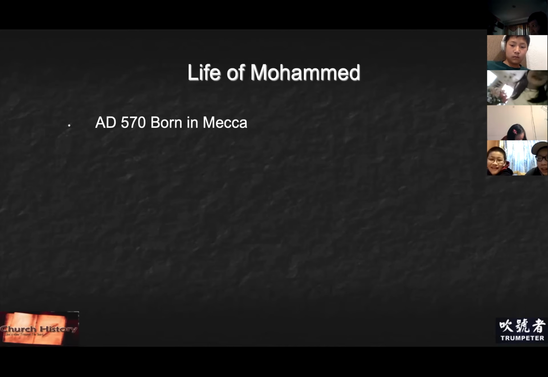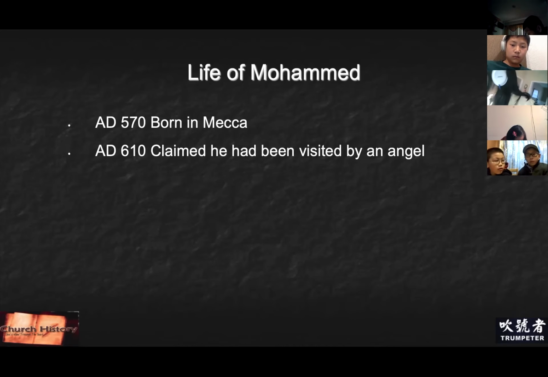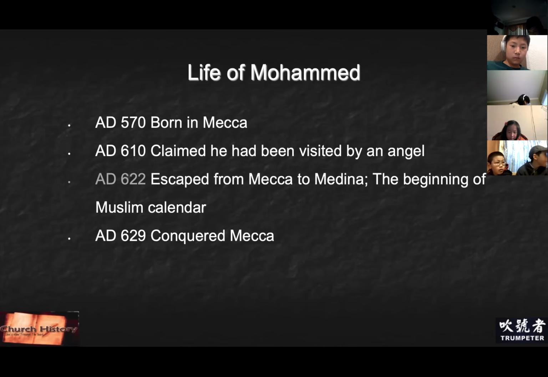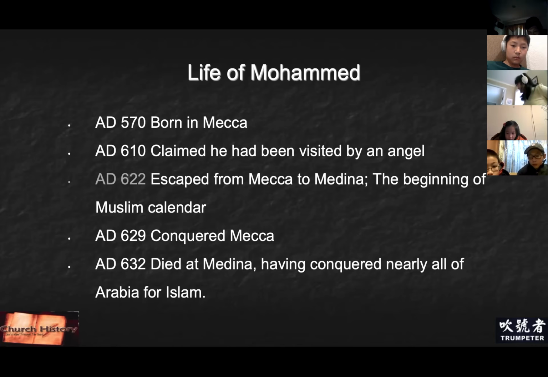So I'll give a quick overview. He was born in Mecca in Saudi Arabia, and in 610 he claimed to be visited by an angel. 622 is the beginning of the Muslim calendar, marking when he escaped from Mecca to Medina, and then he came back from Medina to conquer Mecca, and he died in 632, having conquered nearly all of Arabia for Islam.